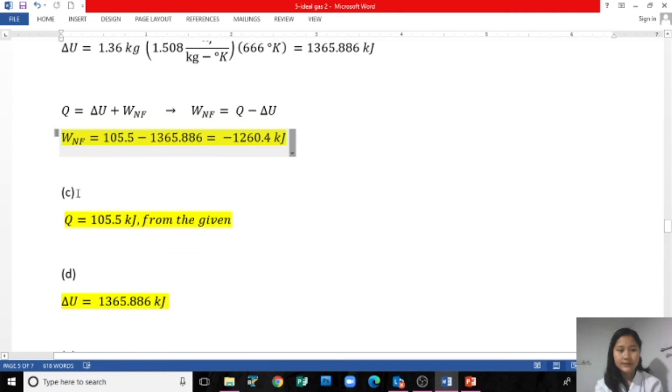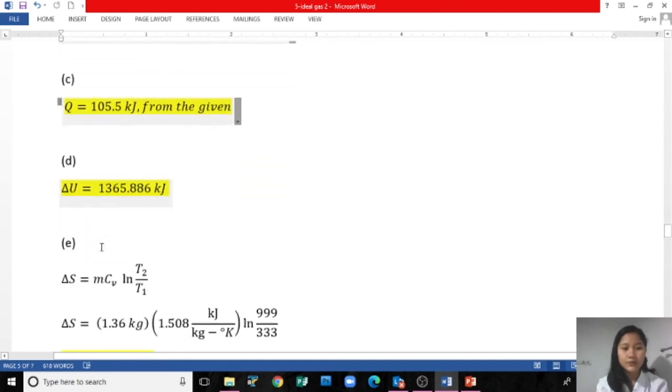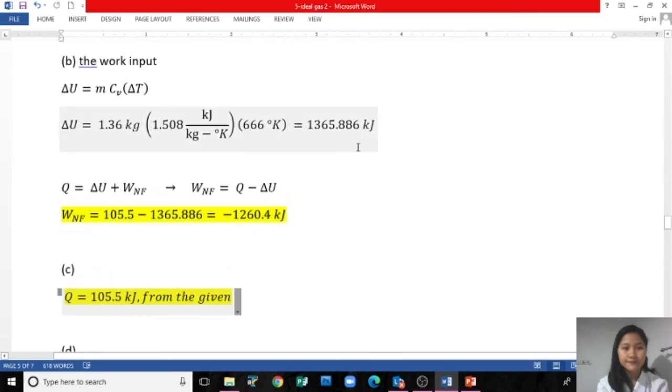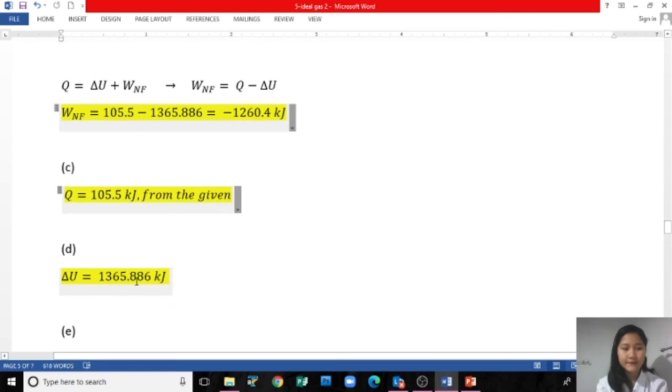For the Q, it is equal to 105.5 kilojoules, so it is already given from the problem. And for delta U, since we already solved this one here, delta U is equal to 1365.886 kilojoules.